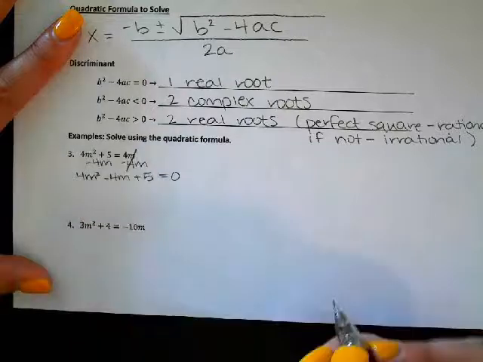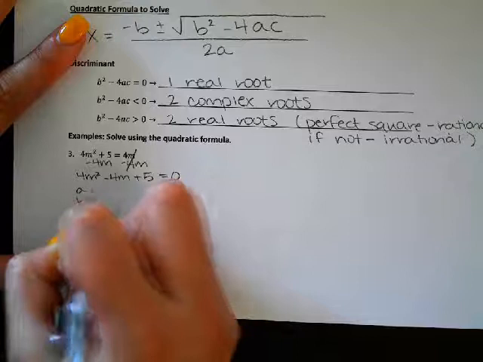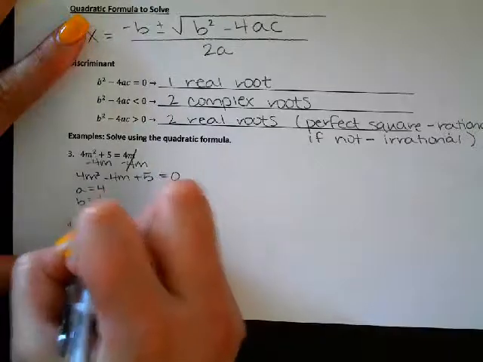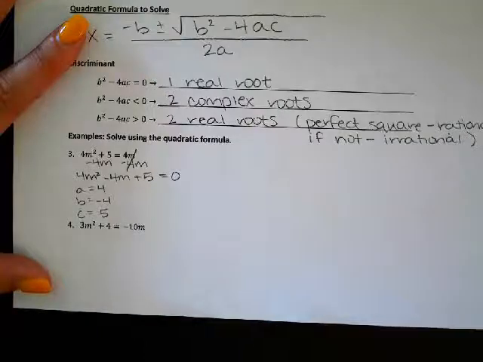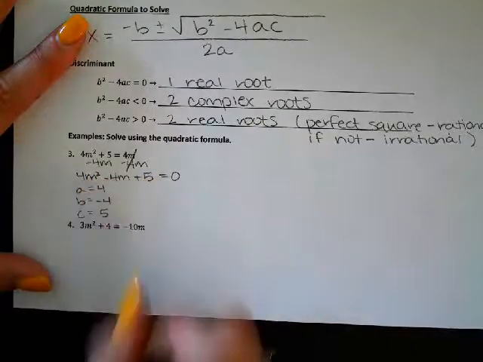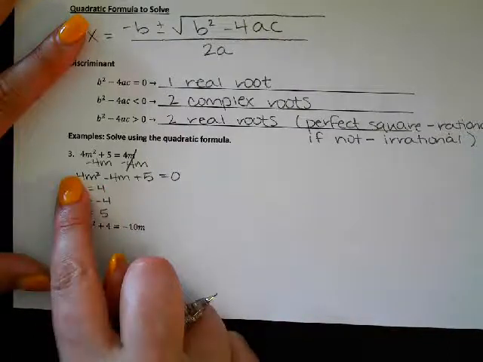And I'll go ahead and just say what A, B, and C are. You don't have to write them down every time. If you are good at recognizing what is what in the equation, then that's fine. It's important that you write it in order so you can recognize. So A is 4, B is -4, C is 5.